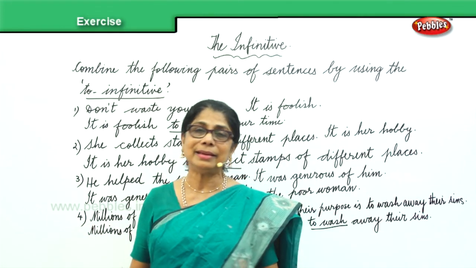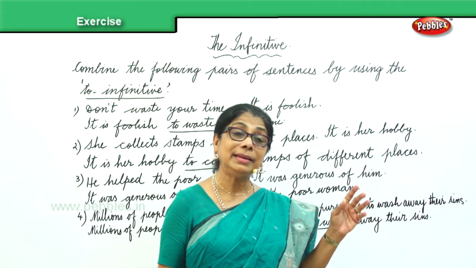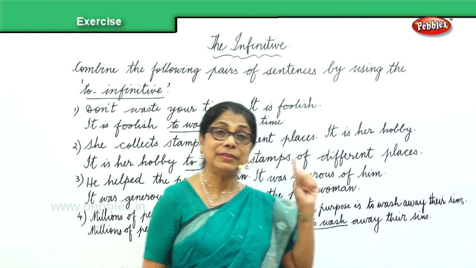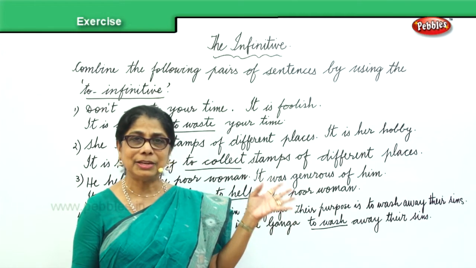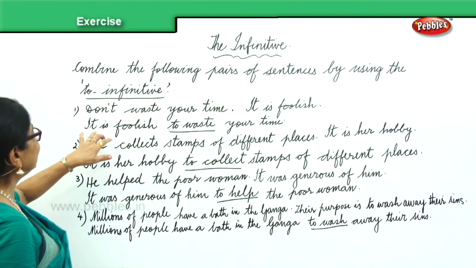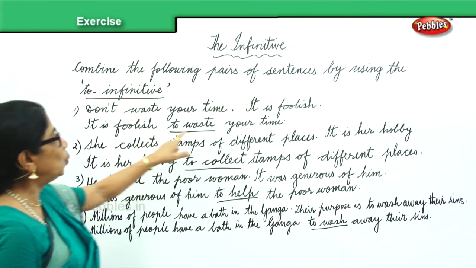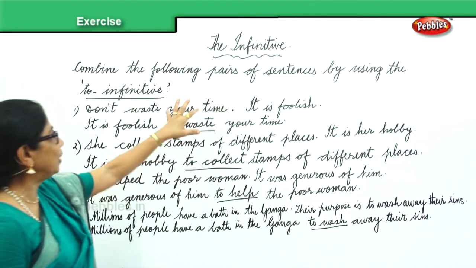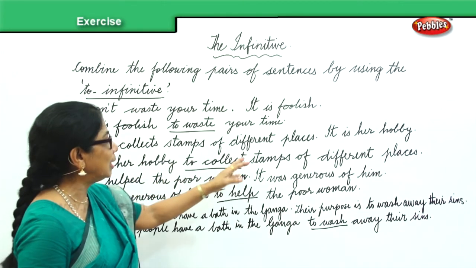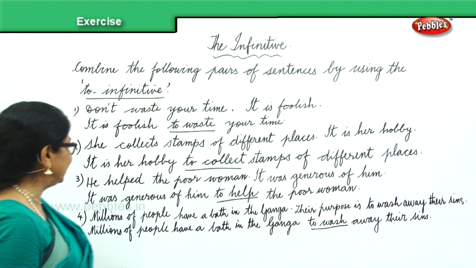So what have we done here? We are combining two sentences using the to infinitive to complete the sentence. So instead of two, we have a single sentence here. It is foolish to waste your time. It is her hobby to collect stamps of different places.